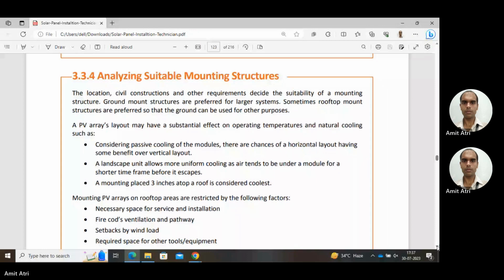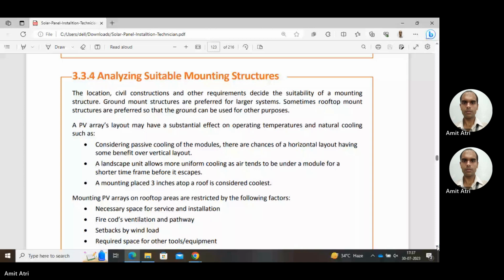A PV array's layout may have a substantial effect on operating temperature and natural cooling. We have seen that the electricity output of a panel decreases with an increase in temperature. 25 degrees Celsius is the standard test condition.